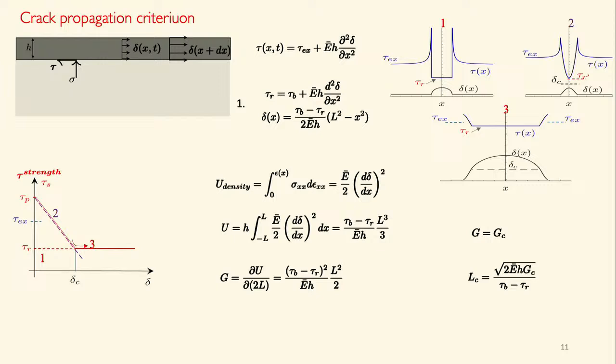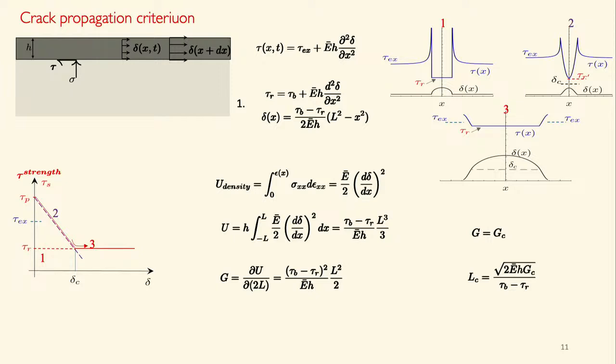The point is the bulk can send energy if there is a crack available, and when the crack grows, that energy is expended to increase the surface length or surface area. That calculation we can do. It's just the energy expended at the whole crack of length L. So we get this formula, and suppose we know G sub C, the fracture energy here. Then we can get a critical length after which a crack can propagate, formulated through the one parameter G sub C.